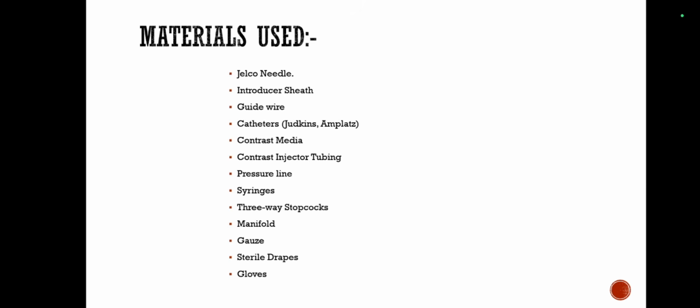And the next is the materials that we use during the procedure. So first of all, we use the Seldinger needle, which is a puncture needle, which helps us to puncture the radial artery or maybe the groin. The next is the introducer sheath. Usually we use the 6 French size for a normal adult, but the size varies depending upon the age.